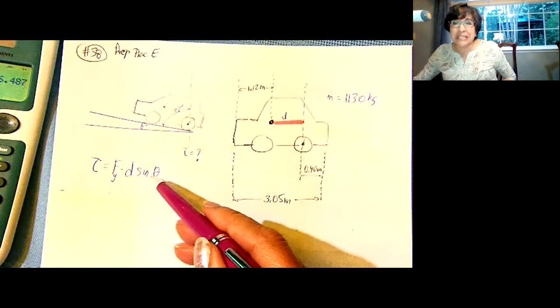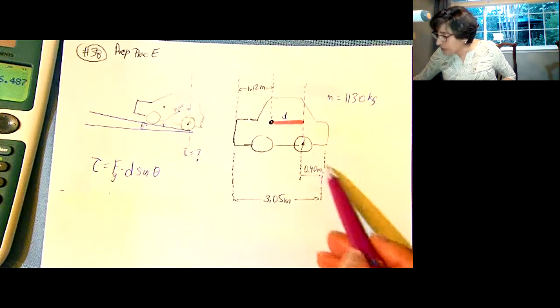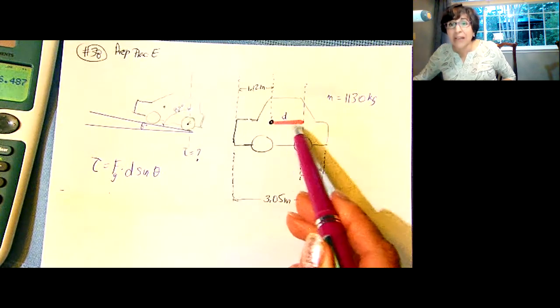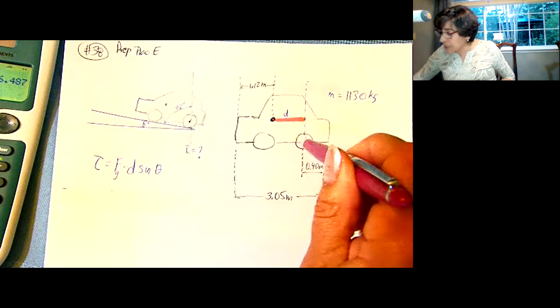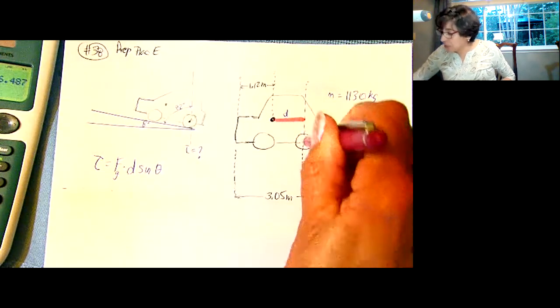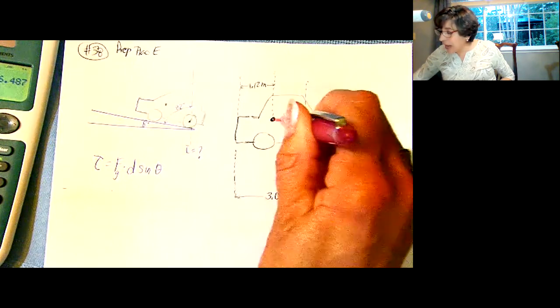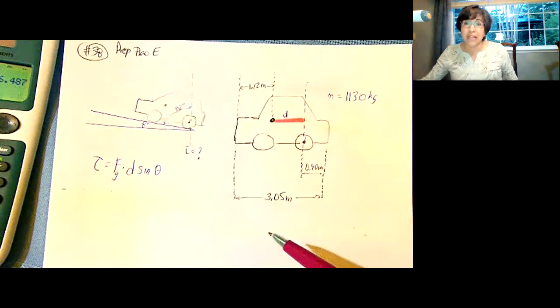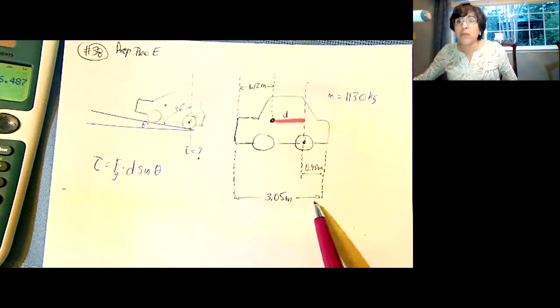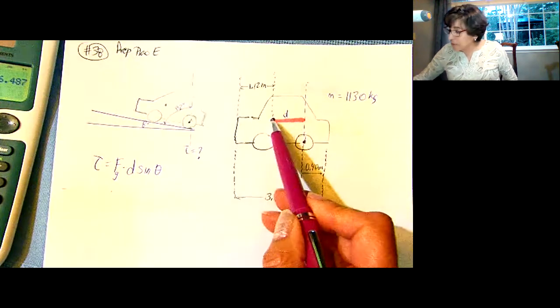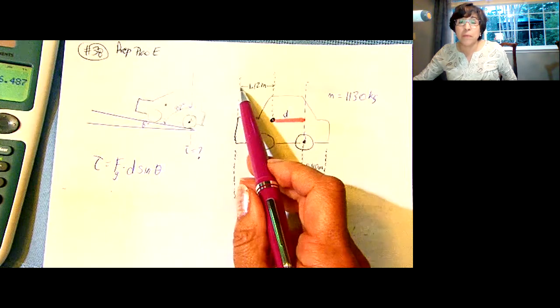Now, what's the distance? The distance has to be from that center of mass to the line of where the tires are. Again, here is where my hinge point is. So along this line here, I need this distance, but they didn't give us that distance. They gave us a whole bunch of other distances. They gave us 3.05 from end to end. From D to the front end is 1.12.